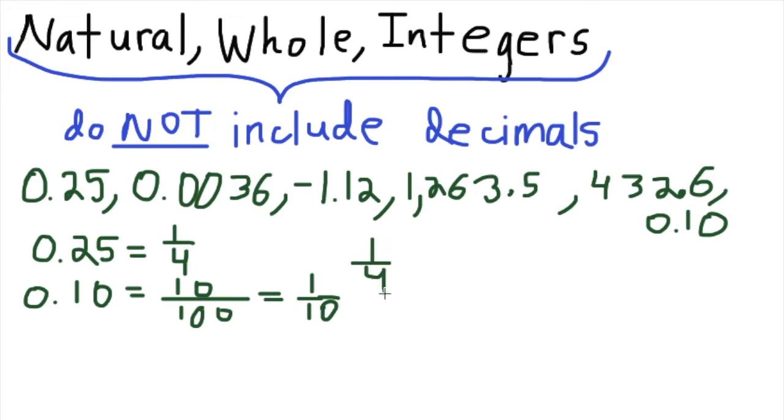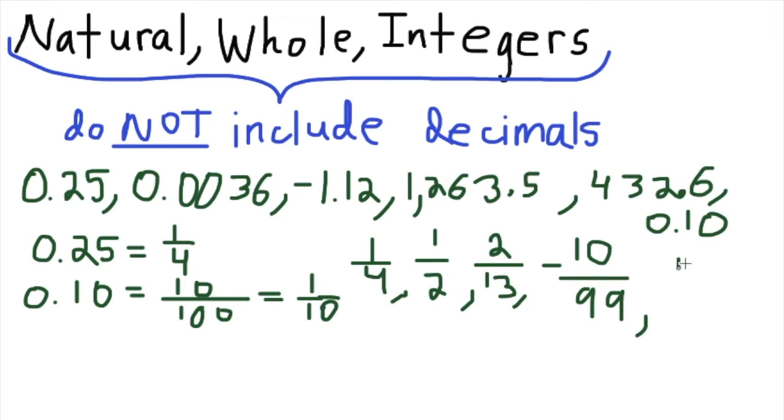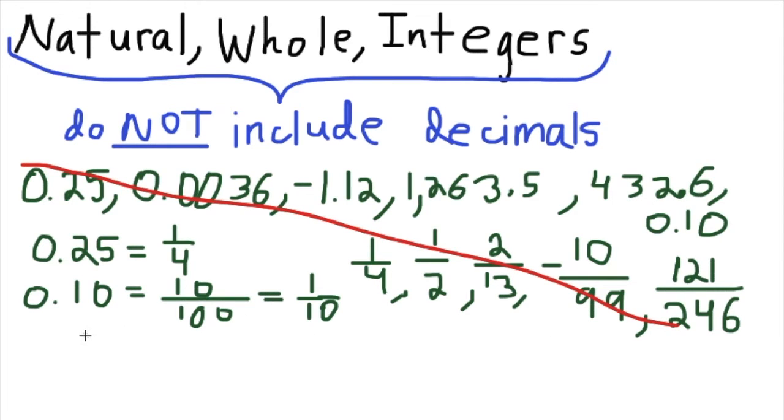So 1 over 4, 1 over 2, 2 over 13, negative 10 over 99, 121 over 246. None of these fall into the three categories. None of these fall under natural numbers, whole numbers, or integers.